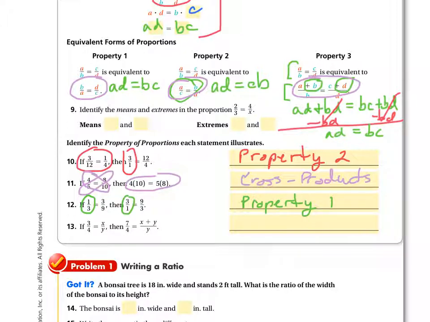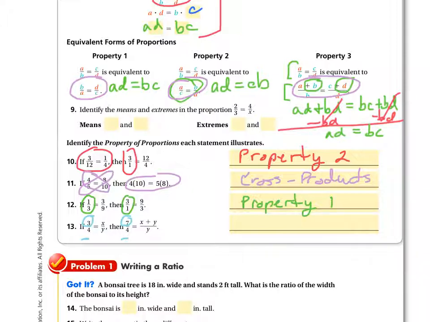And then look at 13, which is different. We've got 3/4 equals x over y. And then all of a sudden the 4 stays the same, right? 4 stayed the same and the y stayed the same. But look at what happened. The 3 became 7. What do you do to 3 to make it 7?